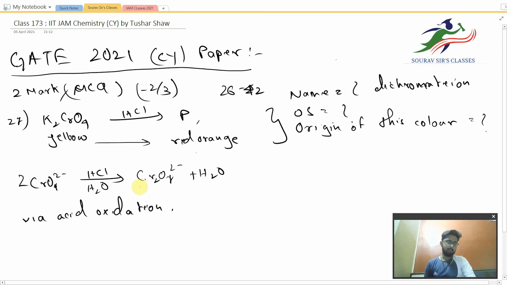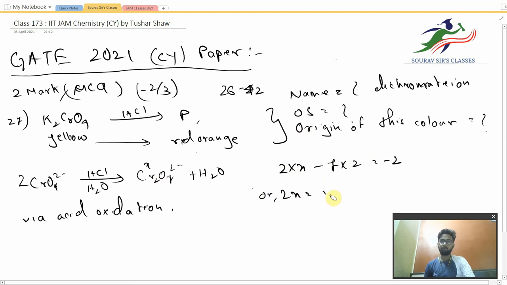Now the oxidation state of the central metal ion in Cr2O7 2 minus we calculate by the normal hit and trial method. Let us consider the oxidation state of each chromium to be x. So 2 into x, and oxygen has minus 2 for each oxygen, so 2x minus 7 into 2 is equal to minus 2, or 2x is equal to 12.